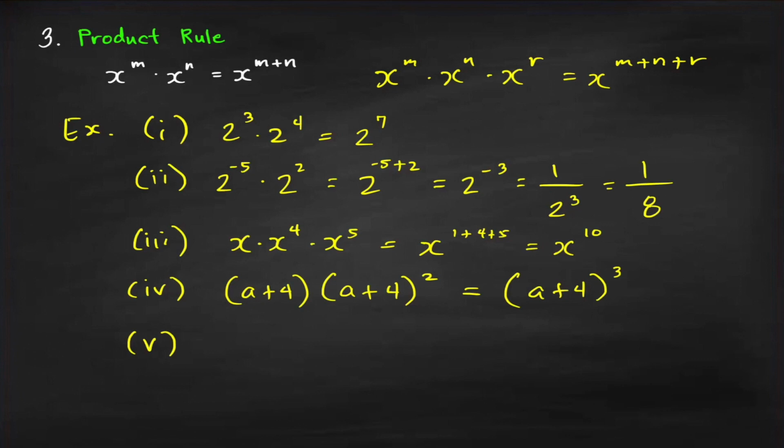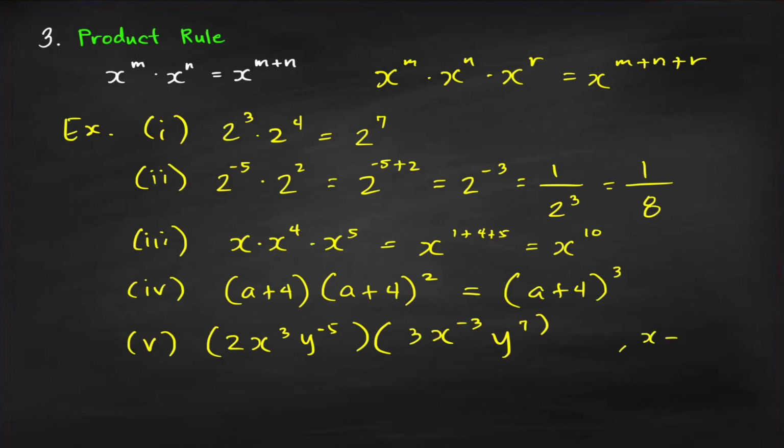And last example, let's say we have here 2x cubed y raised to negative 5 multiplied by, let's say, 3x raised to negative 3, y raised to 7. So here x and y are raised to negative powers, so there should be restrictions here.